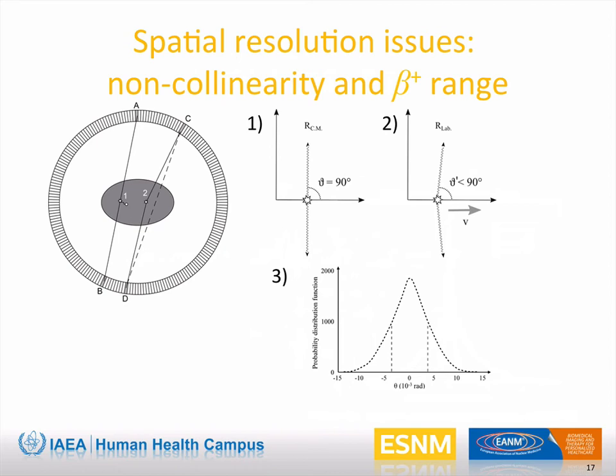This non-collinearity results in a Gaussian dispersion centered at 180 degrees of about plus or minus 0.25 degrees, more precisely 0.5 degrees of full width at half max, when a positron annihilates in water, as displayed in figure 3.